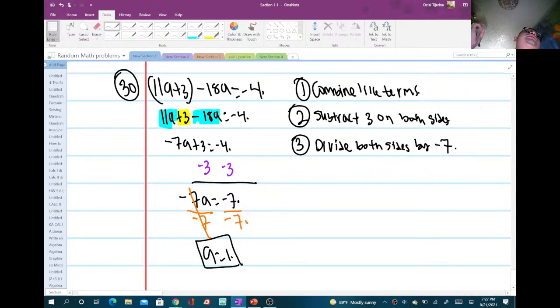And you can always check to see if this is true. If you have a calculator, that's even better, because to do it by hand just takes more time.